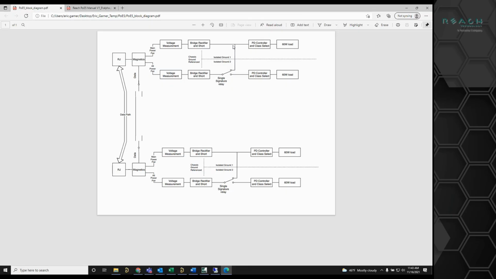That's the hardware signature. That's the actual power over Ethernet negotiation. So when you determine how much power a given PD wants to have, that's the actual class negotiation.